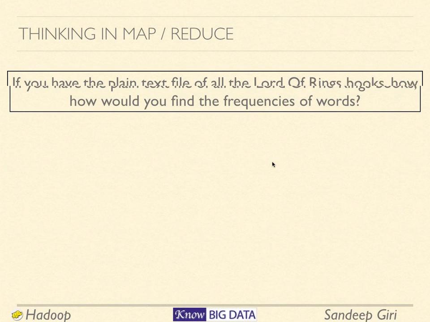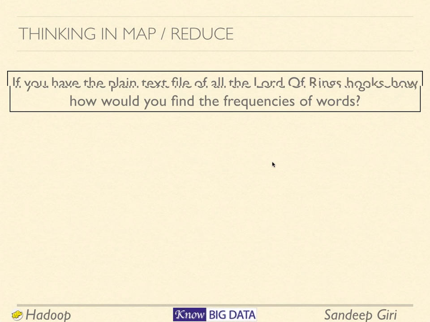So we have created this table where we are marking each word that we have found, and its frequency. Then for each word in this file, you keep on scanning the file, pick up word by word, and update this table. This is the general way of solving a word count problem.